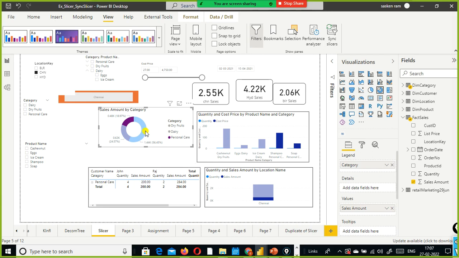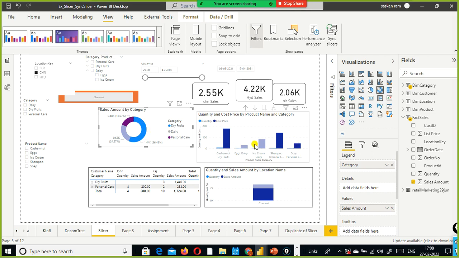So to remember, cross highlighting highlights when you select a specific value or values. For example, if I select more than one value here, these two categories got highlighted, and also the related items across the visuals got highlighted.